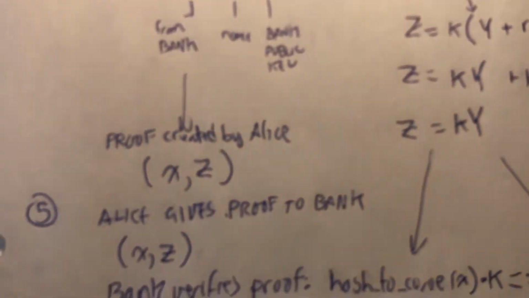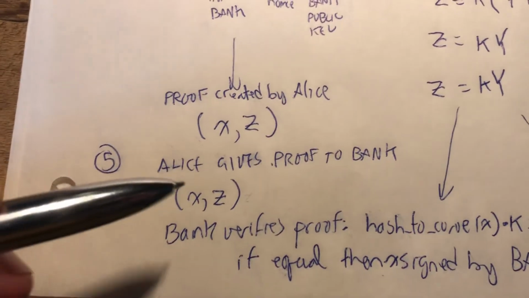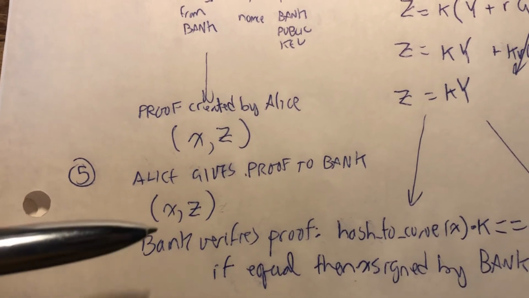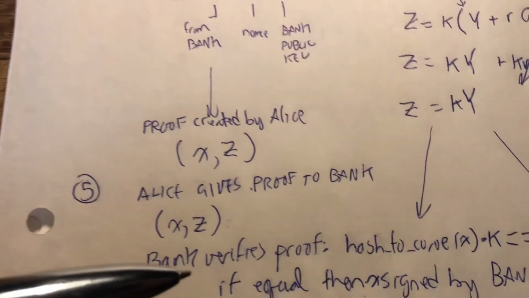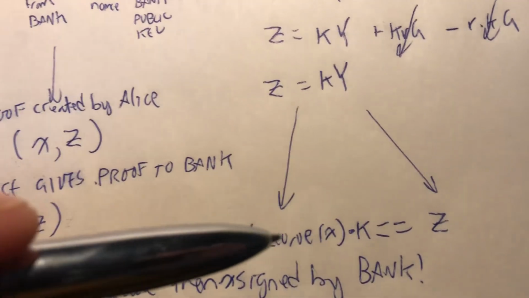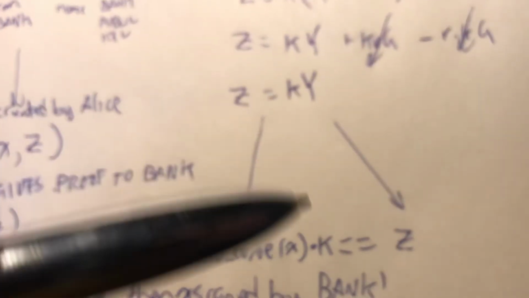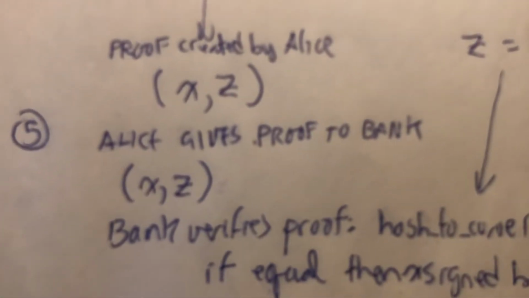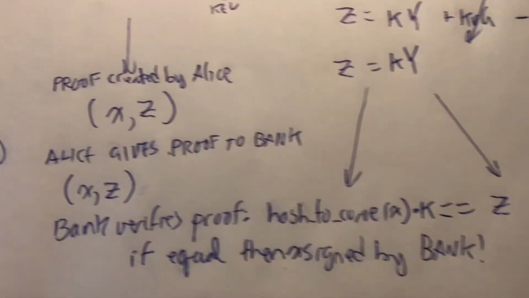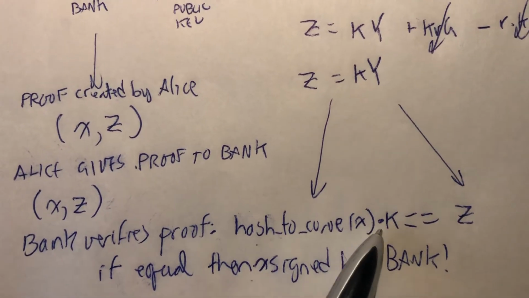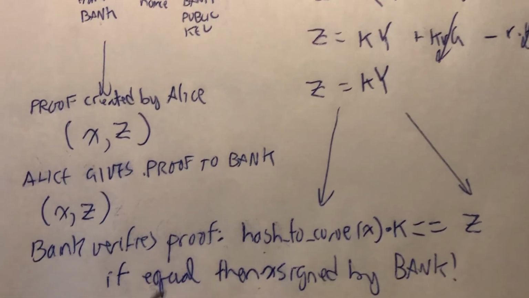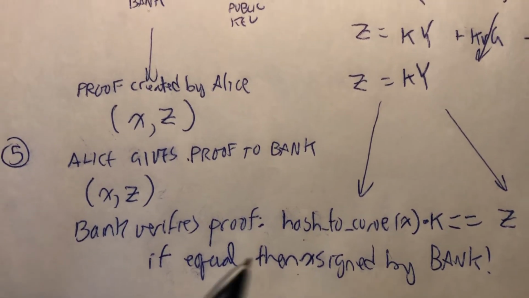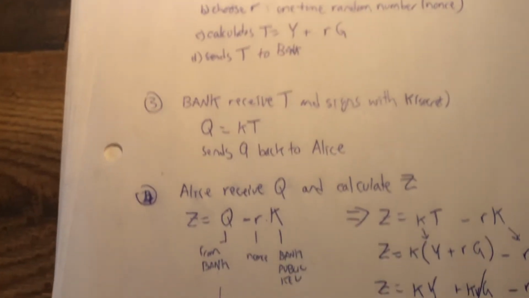So what Alice uses as proof to the bank is she provides x and Z. To verify that this was the same x which was signed with the blind signature, the bank takes x, does a hash to curve, and multiplies it by k to arrive at the number Z. If that number, hash to curve of x times k, equals Z, which is provided in the proof, that means it was actually signed by the bank.